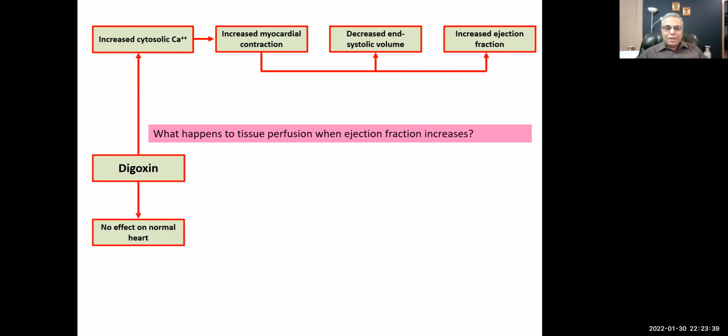That means the cardiac output increases. So that means the tissue perfusion will increase.